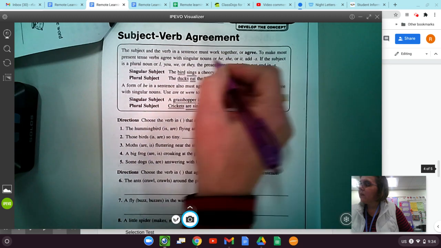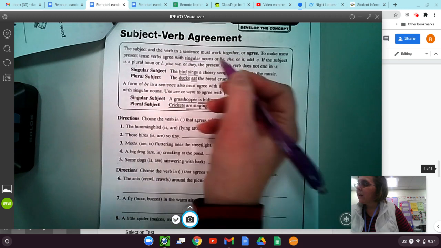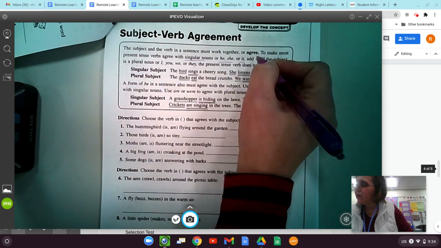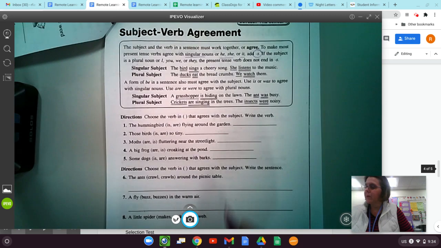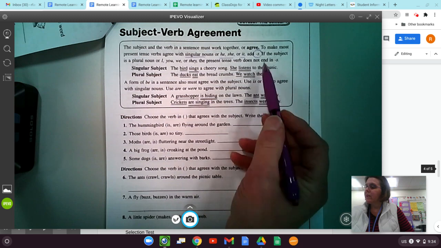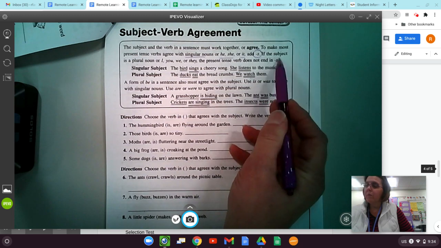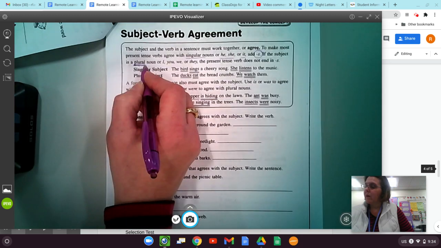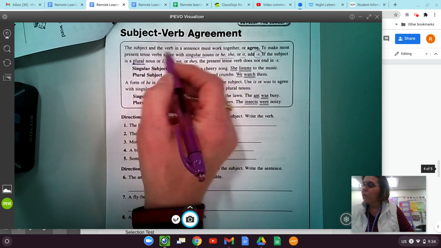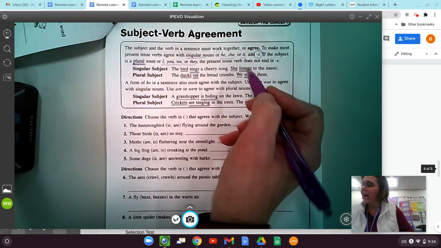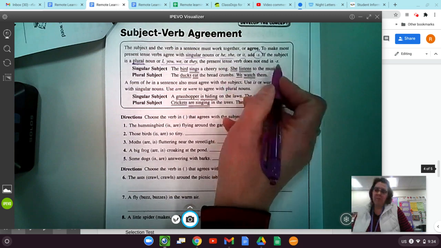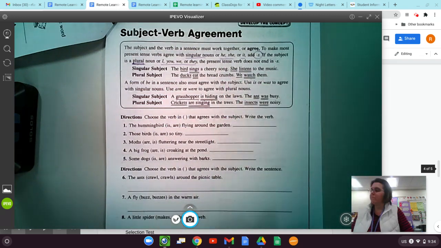So singular, he, she, or it, we're going to add an s. If the subject is plural, so we're talking about more than one, or I, you, we, or they, the present tense verb does not end in an s. So let's look at some examples and see what we're talking about here.